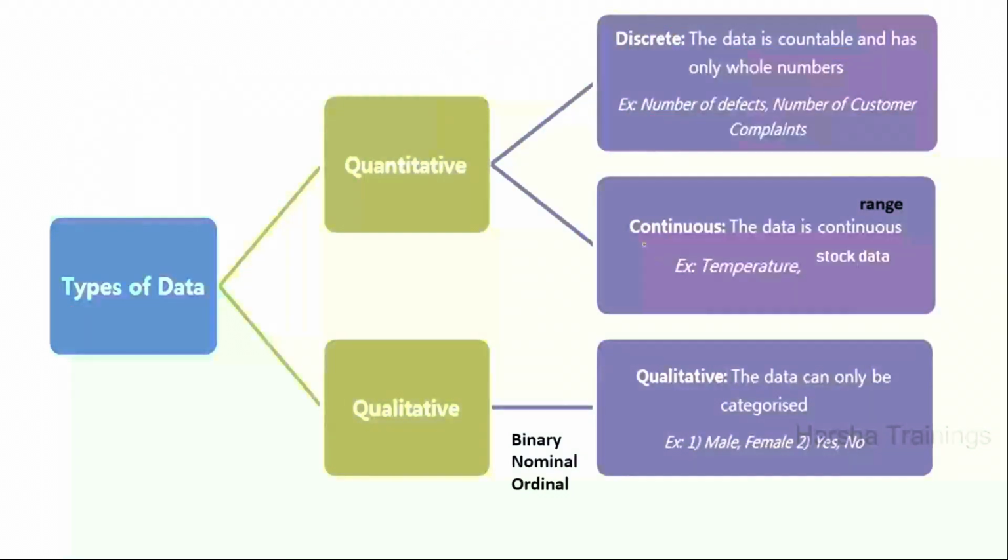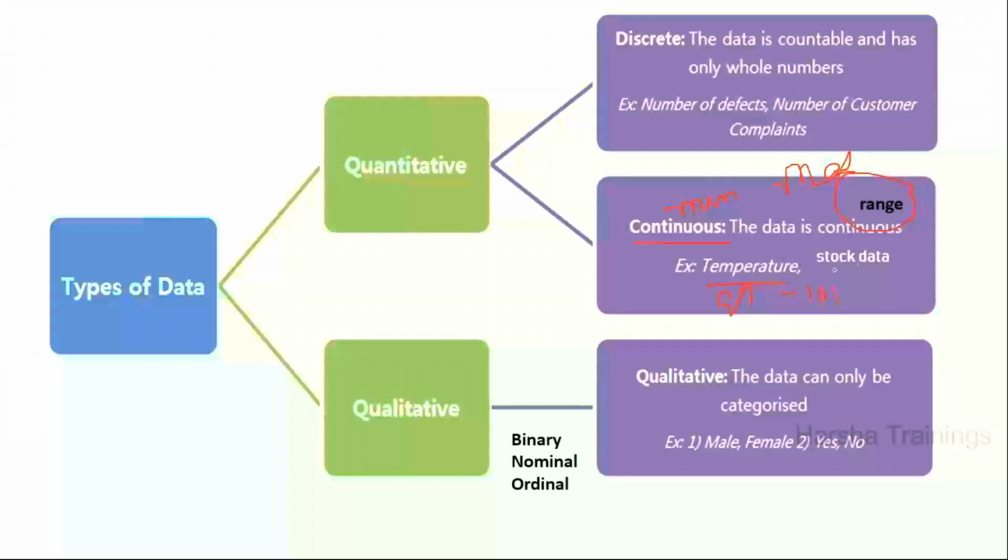Another kind of data is continuous data, where the data is represented in the form of a range. Range means we have some minimum value and some maximum value. For example, temperature may have a minimum of 97 and a maximum of 104.